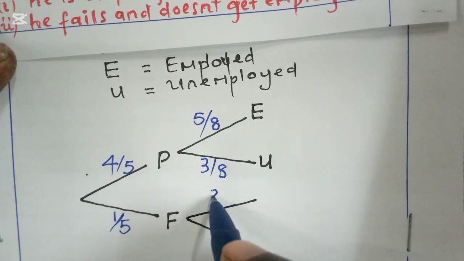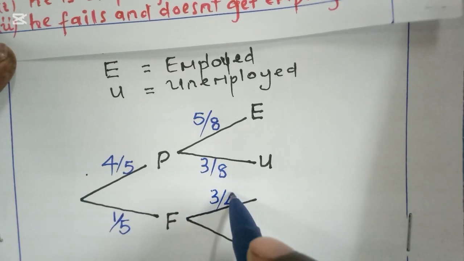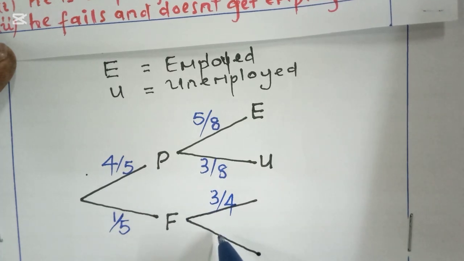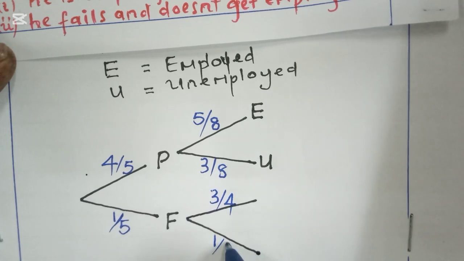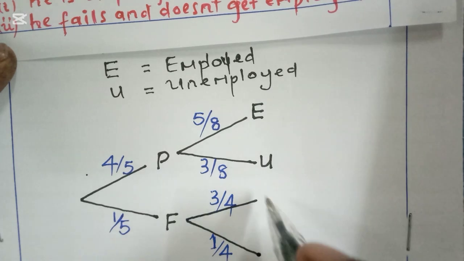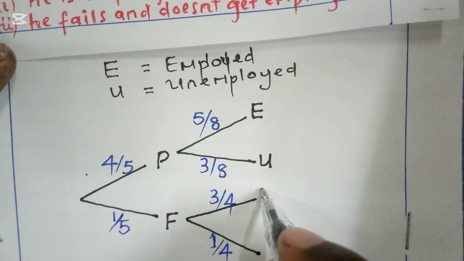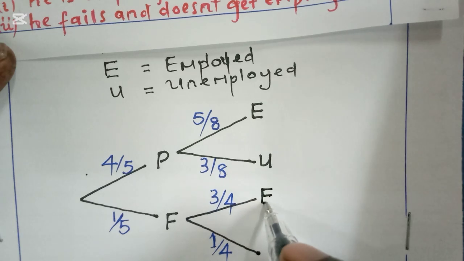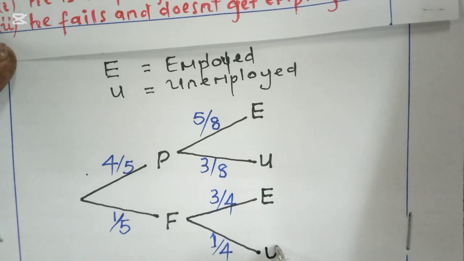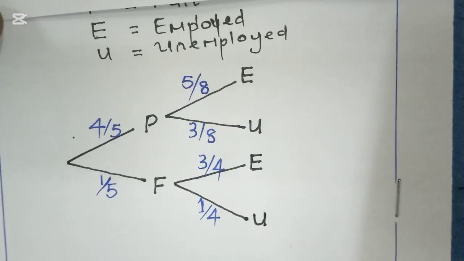So the probability of not being employed should be 1/4, because the total should now be 1. Here is the probability of being employed if he fails the exams, and this one is the probability of not being employed if he fails his exams.